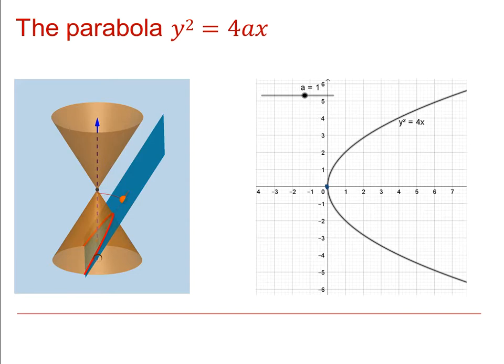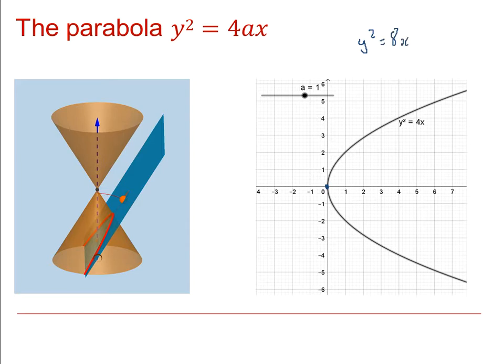So for example, if I have a value of a equal to 1, then that's the curve which is shown, y squared equals 4x. If we had a equal to 2, then that would give us y squared equals 8x, and we can consider some other points.